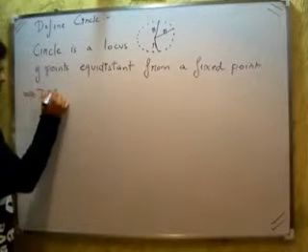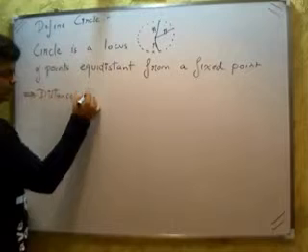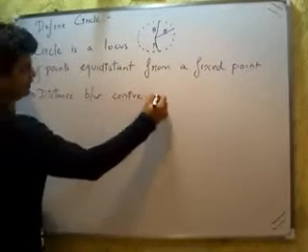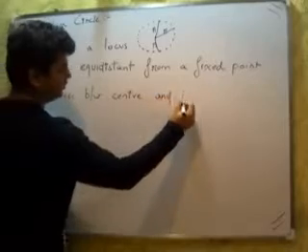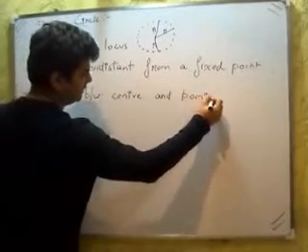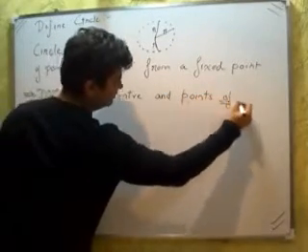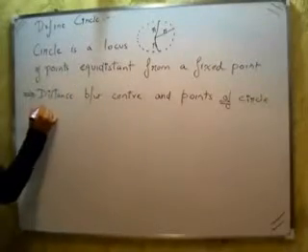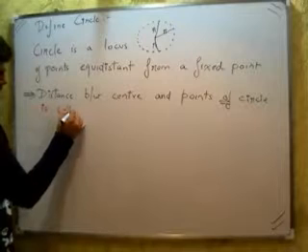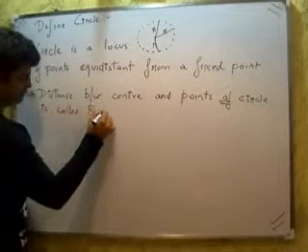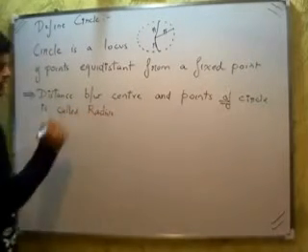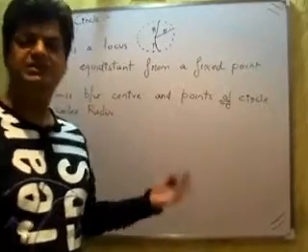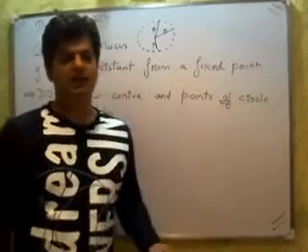Distance between center and points of circle is called radius.